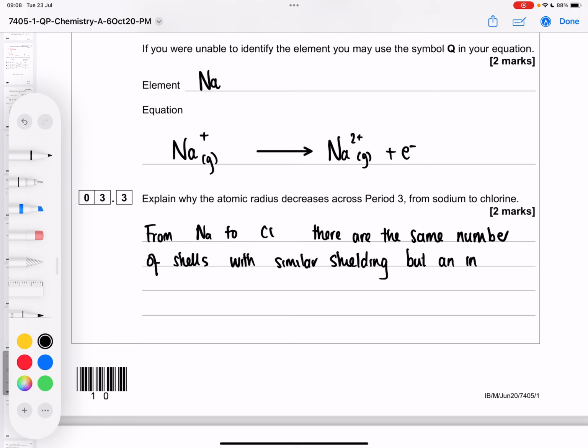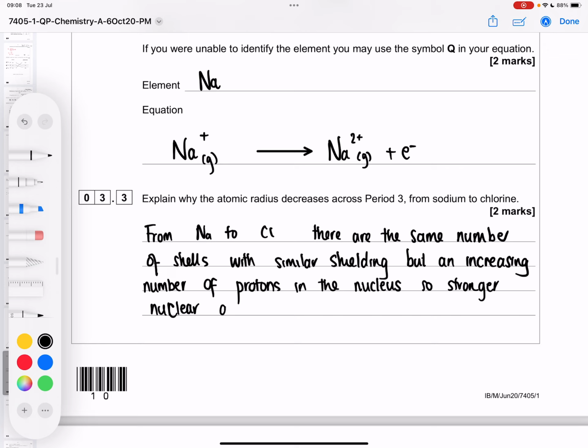But an increasing number of protons in the nucleus. So stronger nuclear attraction to the outer shell. That's why they're getting a little bit smaller.